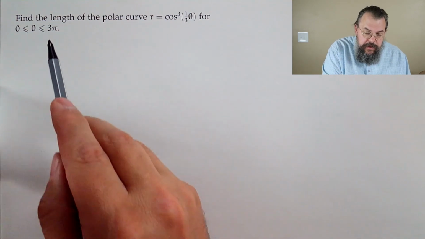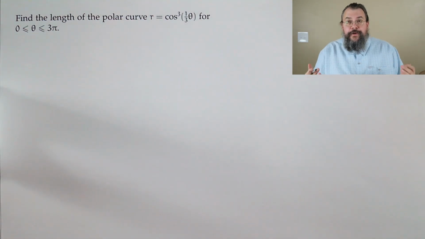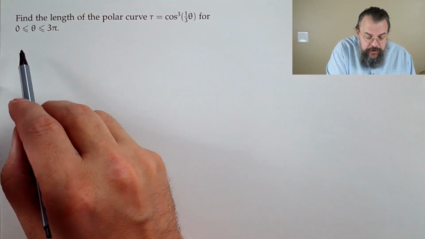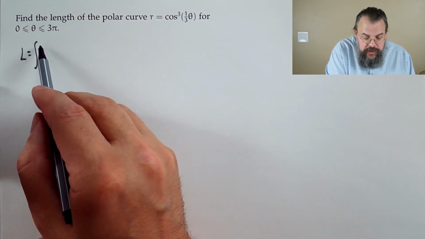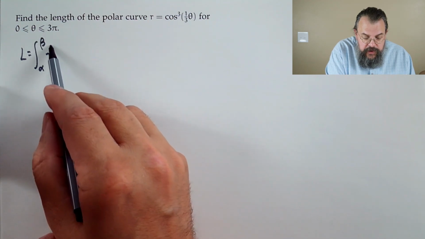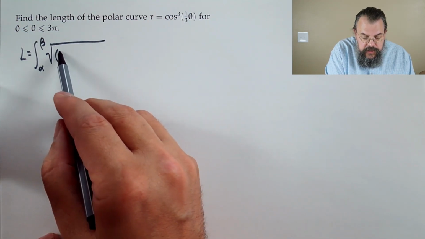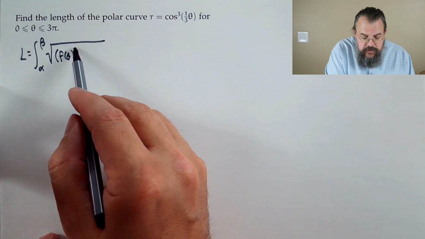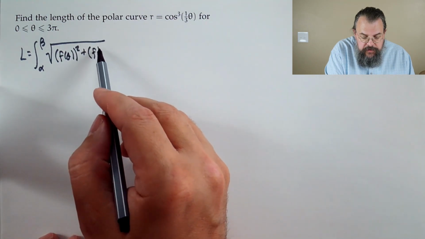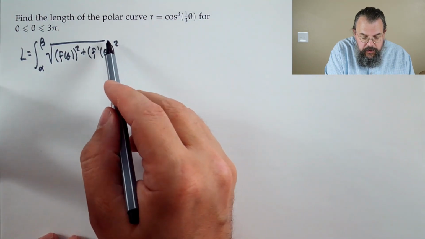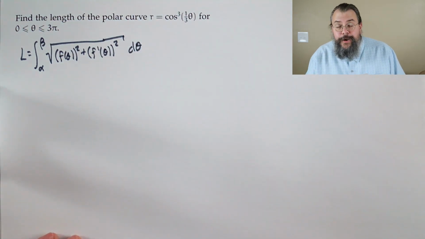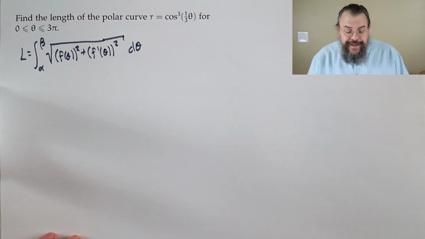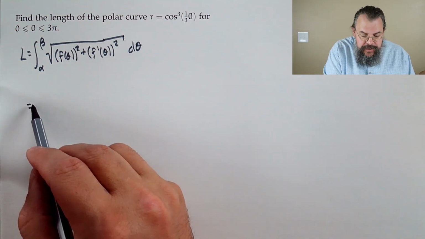We know length, we know polar curve, so we know our formula. So length is adding up, start to finish, the square root of our function squared plus the derivative of our function squared, d theta. All right, well, so we begin. What's our function?